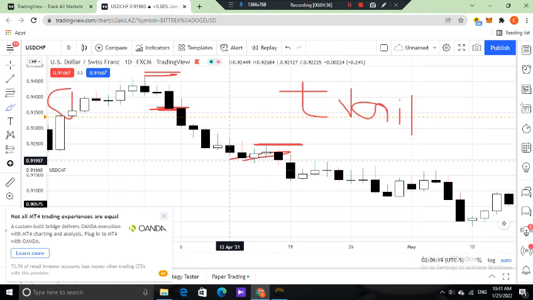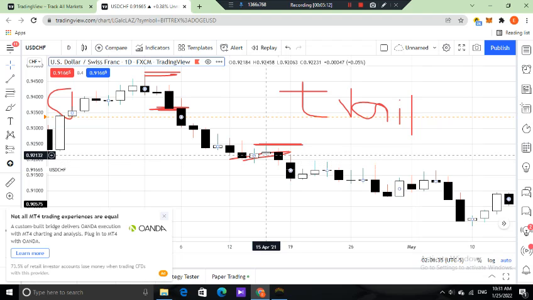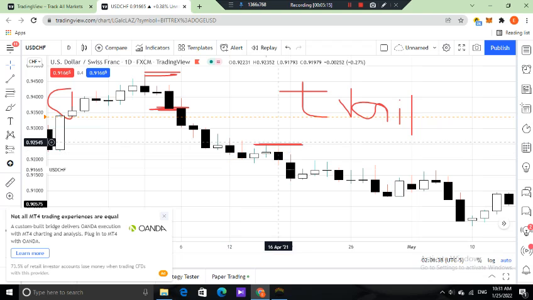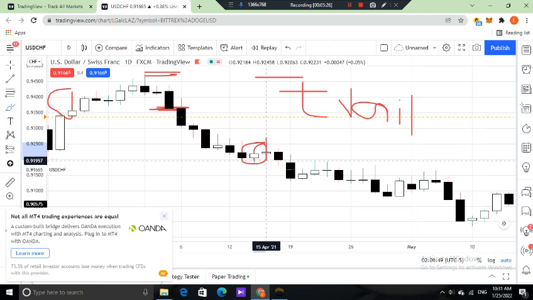You can wait for a breakout below this pullback. Let me erase all of this because I think it confuses you somehow. So here you have these pullbacks, and price gets out of this pullback and it should break this down.